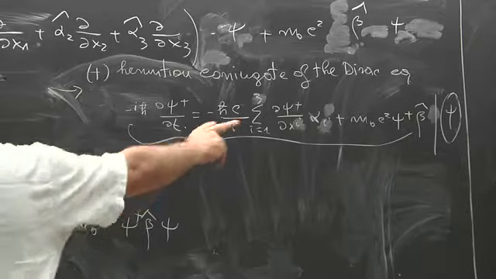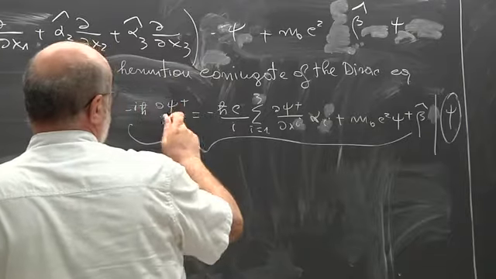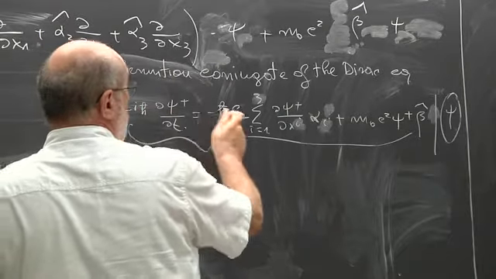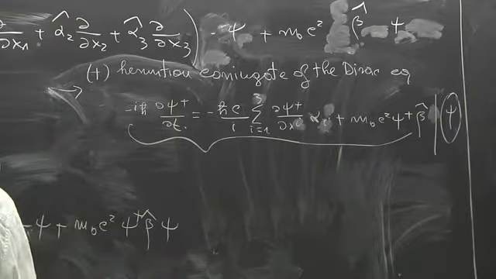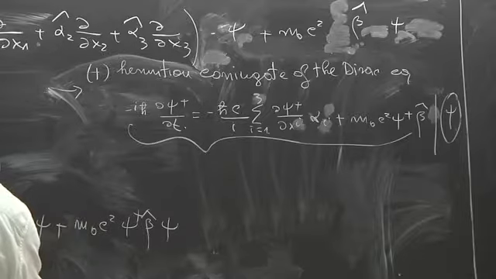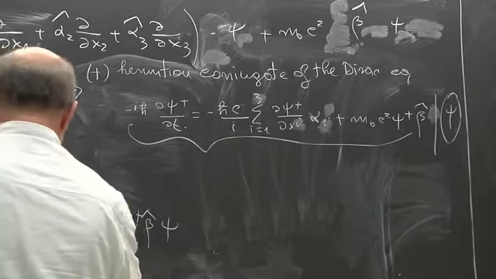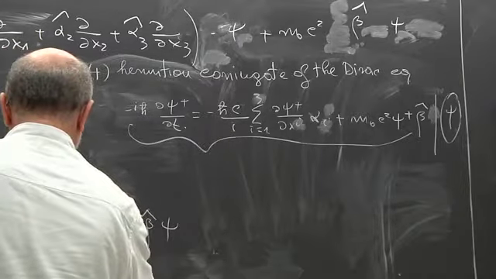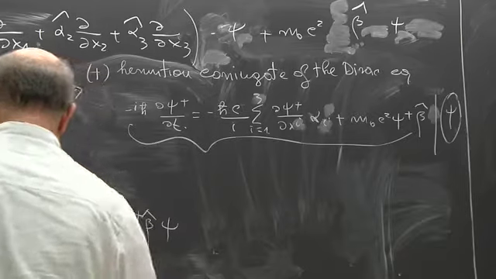And I multiply everything, that means left and right hand side. So here I get the derivative with respect to t of psi dagger times psi, multiplied by this. So I get d psi dagger dx psi alpha i psi plus m0 c squared psi dagger beta psi.